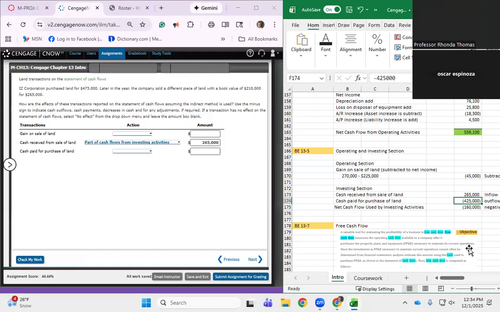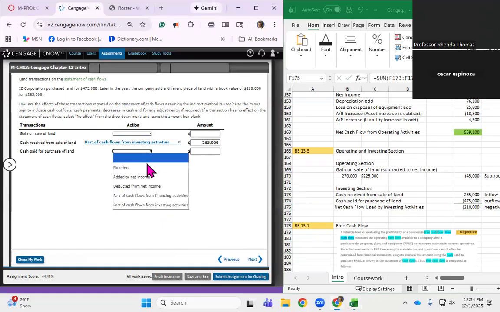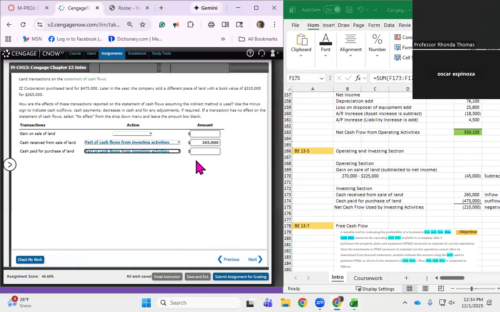That's an outflow of cash. So I'm going to put this in as a negative amount in the investing section. So this is part of cash flow from investing section, but it's going to go in as a negative because it causes cash to go down.